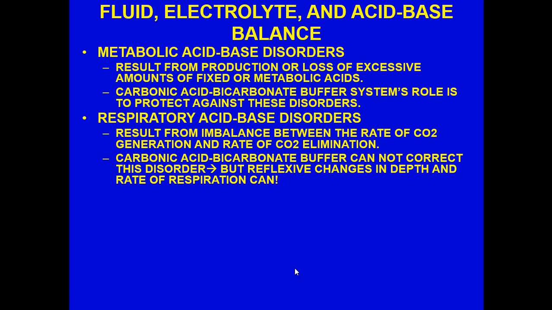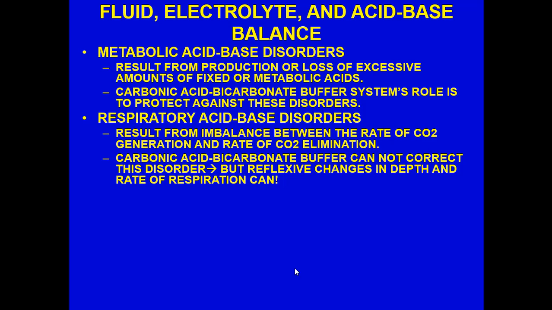The carbonic acid bicarbonate buffer system's role is to protect against these disorders. The respiratory acid-base disorders result from an imbalance between the rate of CO2 generated and the rate of CO2 eliminated. Okay, now here's the part that you need to keep in mind. With respiratory acid-base disorders, the carbonic acid bicarbonate buffer cannot correct this disorder. The only way that you can really get any changes are reflexive changes in depth and rate of respiration.